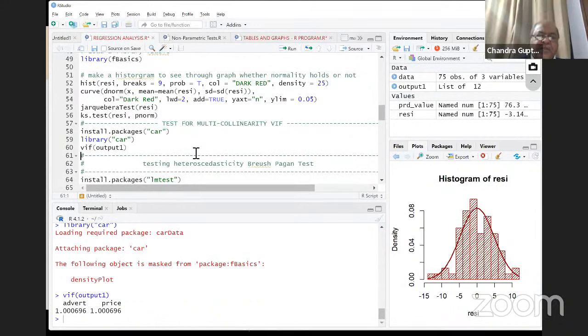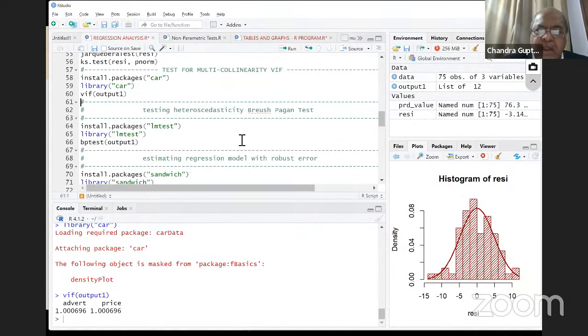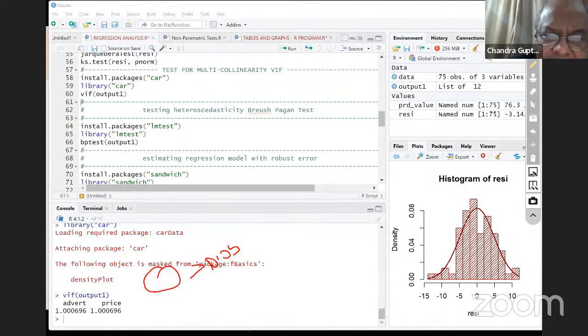And for advertisement, it's 1.069 and the price. Sakshi, VIF is not for standard error. It's for testing multicollinearity. And for heteroscedasticity, we use Breusch-Pagan test.